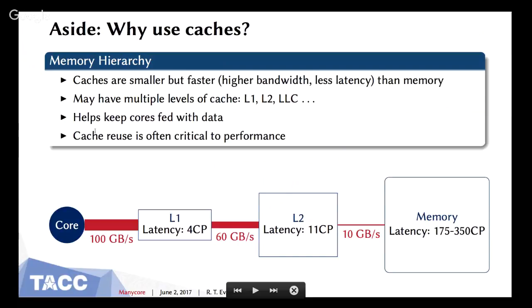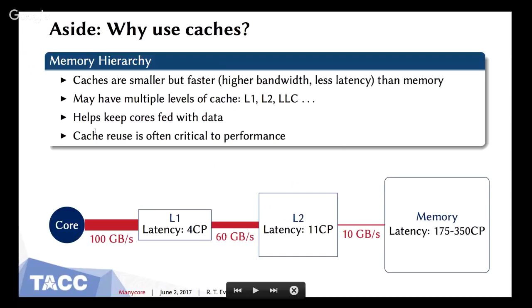Okay, and so I'm going to just mention the concept of a cache. It'll come up later, but this is how we improve our access to memory. Most of you are probably familiar with caches. It's basically a smaller, lower latency, high bandwidth memory that hides the latency to main memory. One of the issues with caches and main memory is that some of these resources are shared.